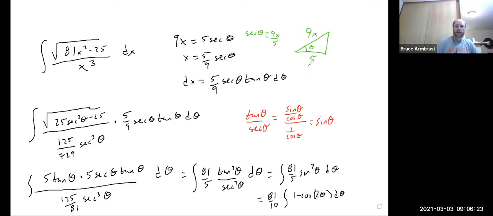So there are those two sides. And then you'd use the Pythagorean theorem on this third side, and you get that that's the square root of 81x squared minus 25. So now you've got this for whether it's sine or cosine or tangent or secant, whatever you're going to replace, you can now use those sides.